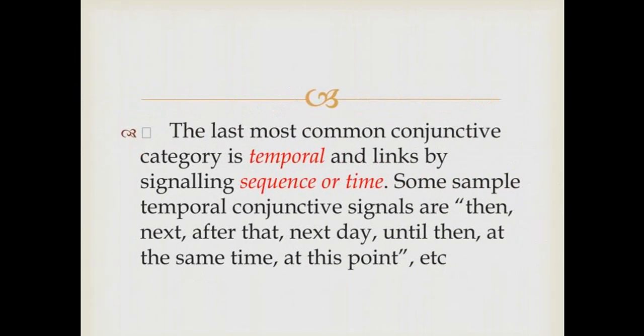The last common conjunctive category is temporal, which links by signaling sequence or time. Some sample temporal conjunctive signals are then, next, after that, next day, until then, at the same time, at this point, etc. They usually show us the sequence and the time.